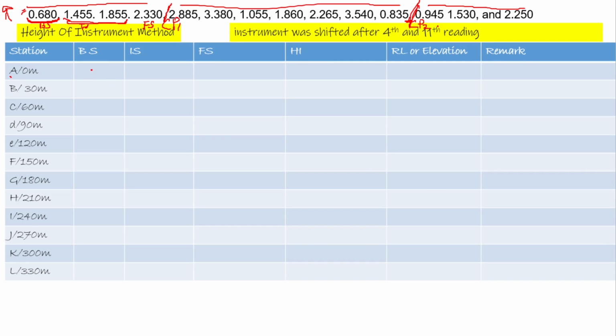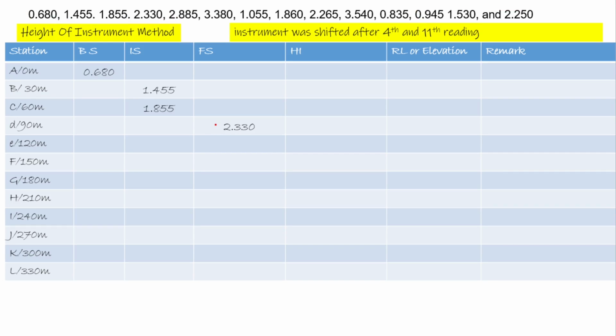So the first reading will be here, the backside reading, and station B's reading is here, station C's reading here, and the last reading, the fourth reading, is falling in the foresight reading. So it will be your entry. It is your first setup reading. After this change point, we will take a backside reading again at the same station.